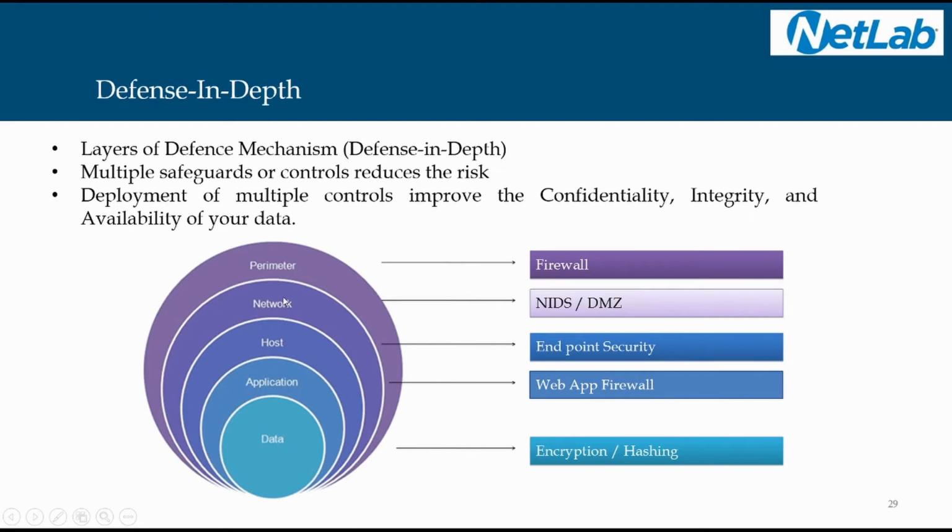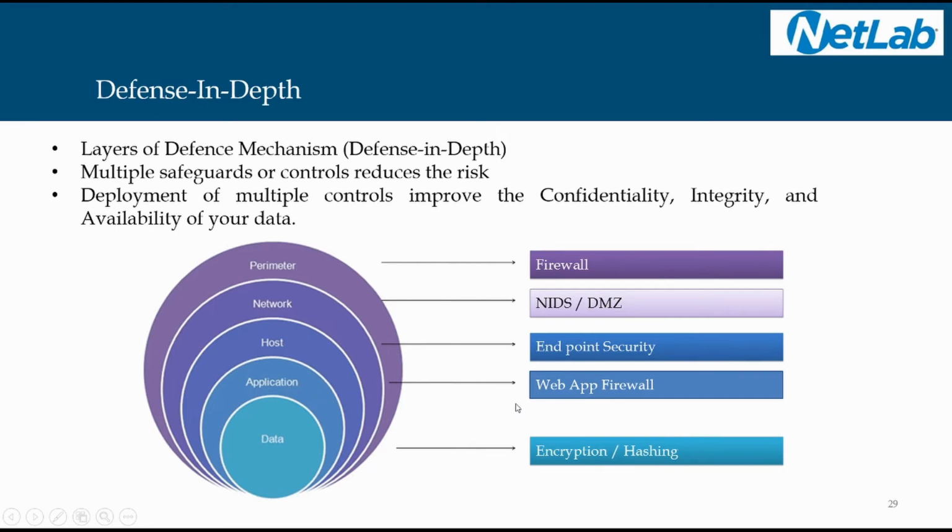If you can provide some security here, then at the perimeter we can have a firewall. At the network level, we have NIDS and DMZ. DMZ is nothing but demilitarized zone. It is an extension of your own network. Host means endpoint security: you can have antivirus, anti-malware, or personal firewalls, anything you can put on a system at host level.